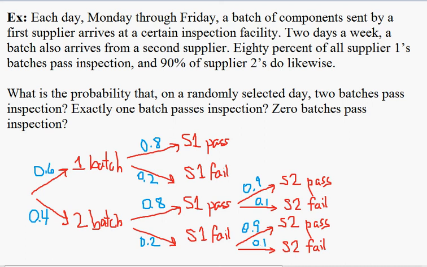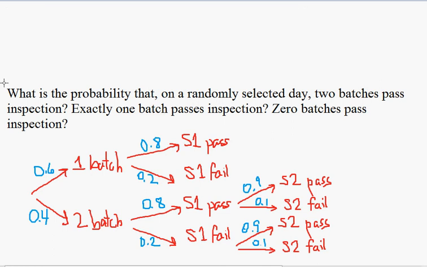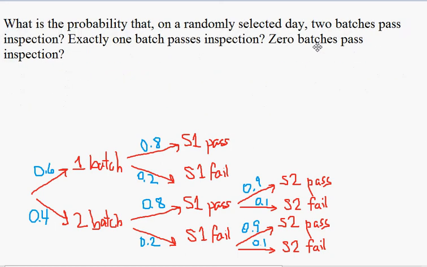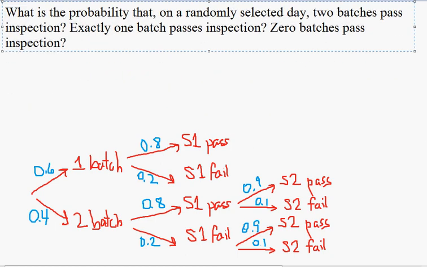Okay, so now that I have all that information, let me eliminate the first paragraph here and bring the second paragraph up. What is the probability that on a randomly selected day, exactly 2 of the batches pass inspection? Well, how do two batches pass inspection? The only way that happens is going to be this number right here in green.